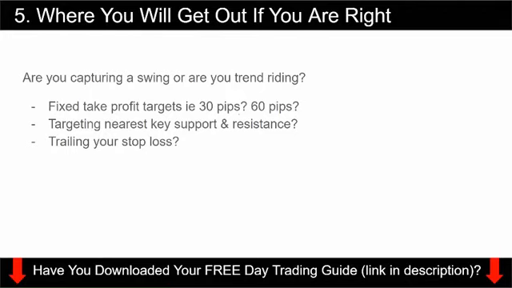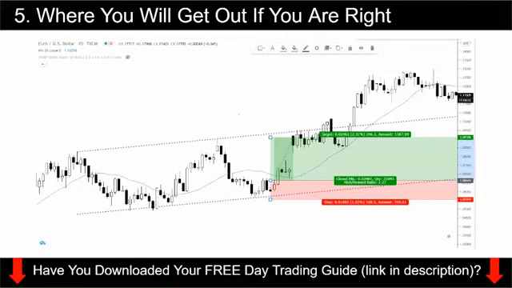Not just this point number 5, not just checklist number 5, but checklist 1, 2, 3, 4, and 5. Okay, so this is an example. Back to the example just now. Let's say you entered here. Just a moment, let me see if I can draw it for you. Okay, let's say you entered here.